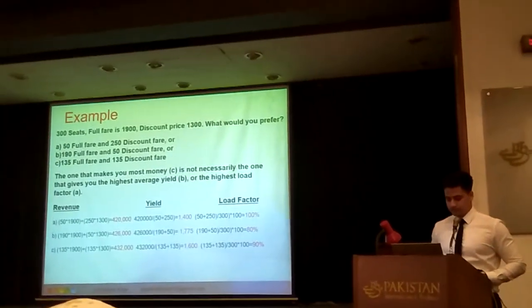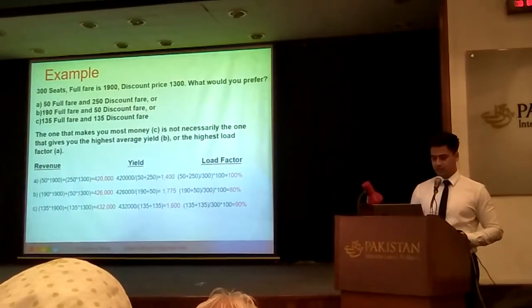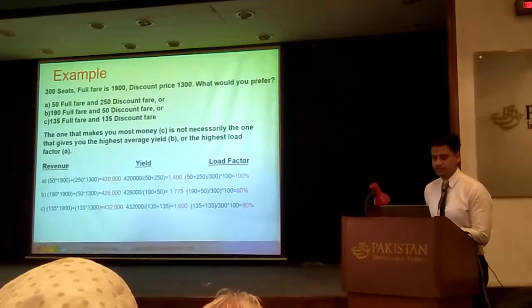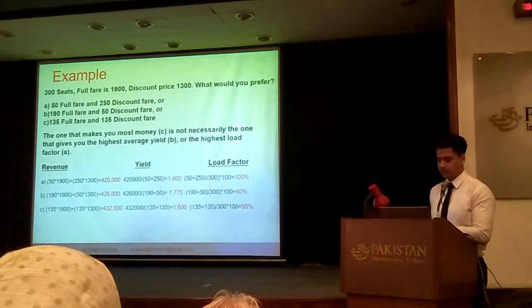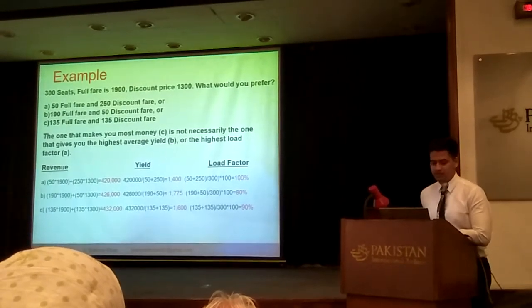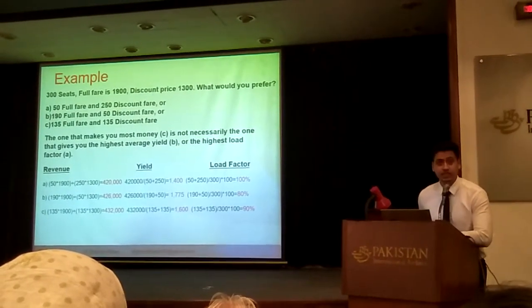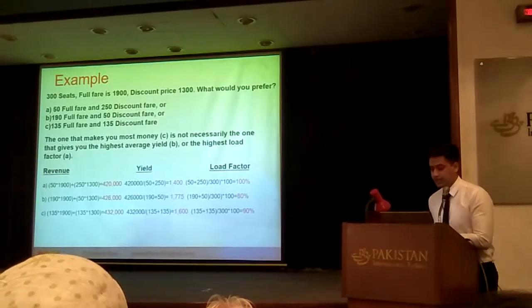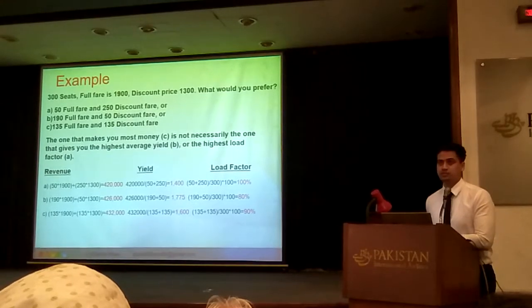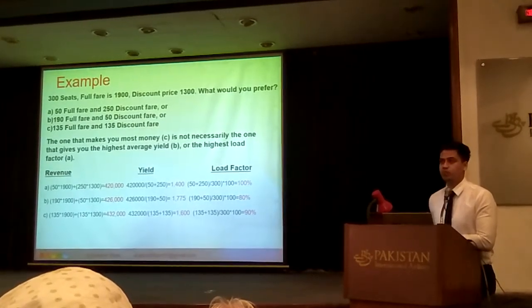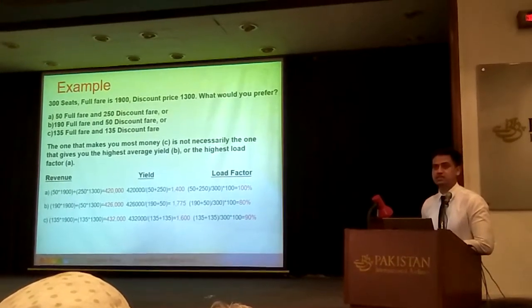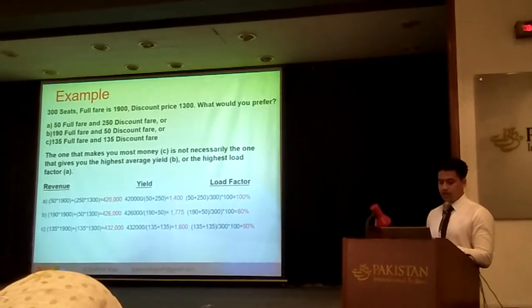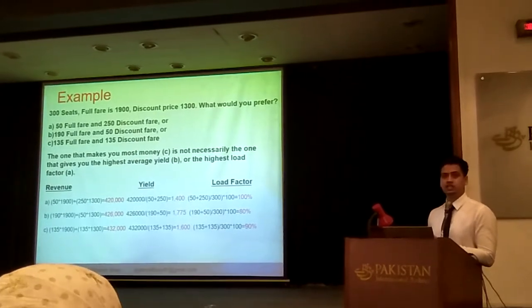So the statement over here is the key thing. The one that makes you the most money, which in this case is C, is not necessarily the one that gives you the highest average yield, which in this case is B, or the highest load factor, meaning your aircraft has more passengers, which in this case is situation A. If you look at the revenue here, I calculate how much money I'm earning on this flight.